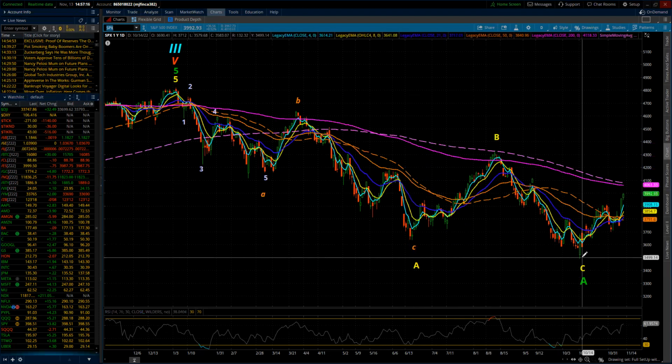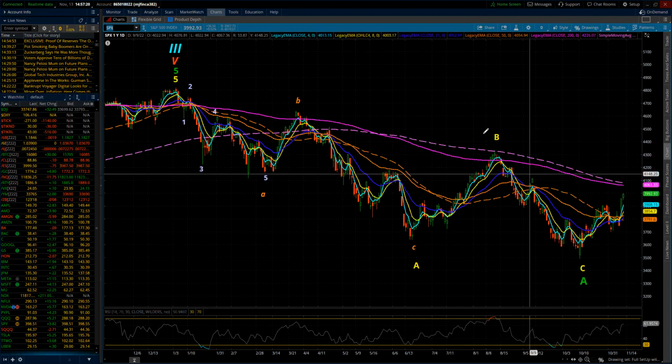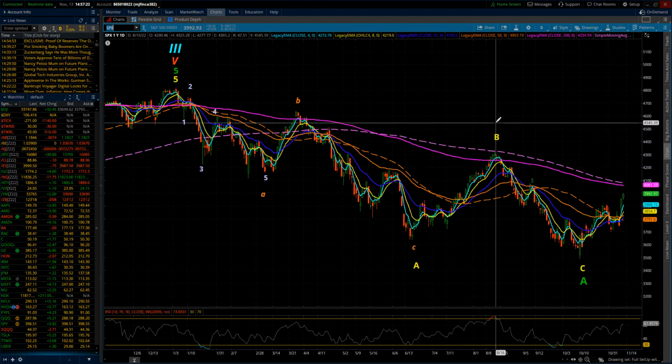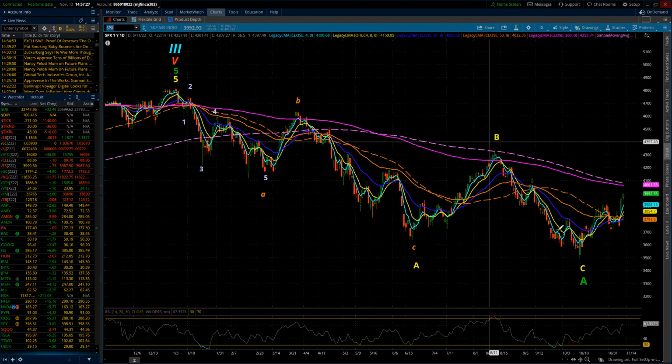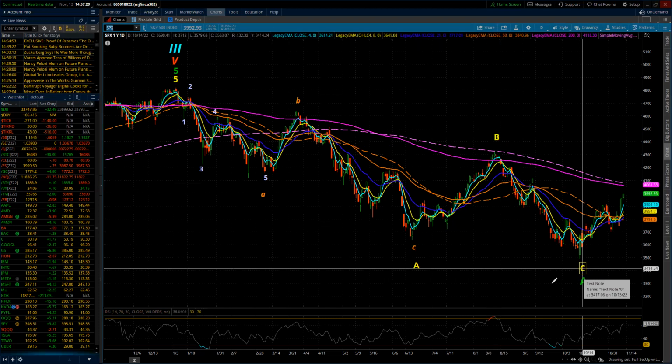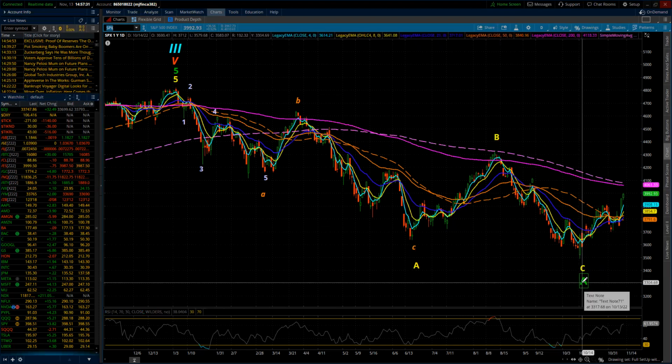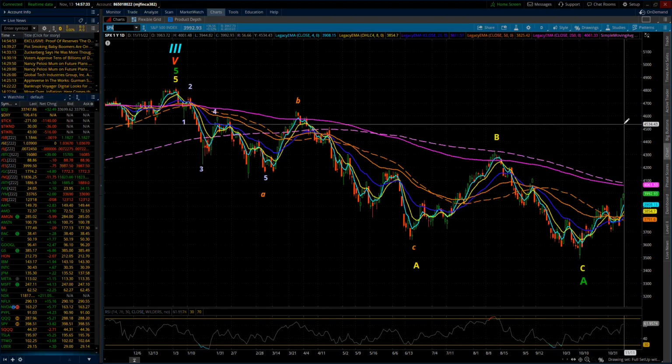So it put several things back as if, yep, that could have been the primary wave B. But now I'm looking at it totally differently: we have the ABC on an intermediate degree to form primary wave A, and now we're doing the primary B wave.